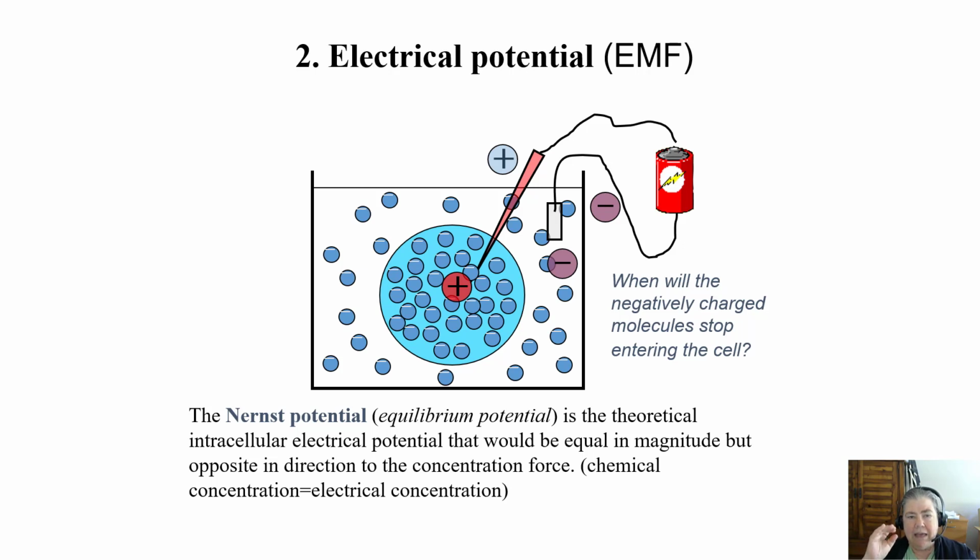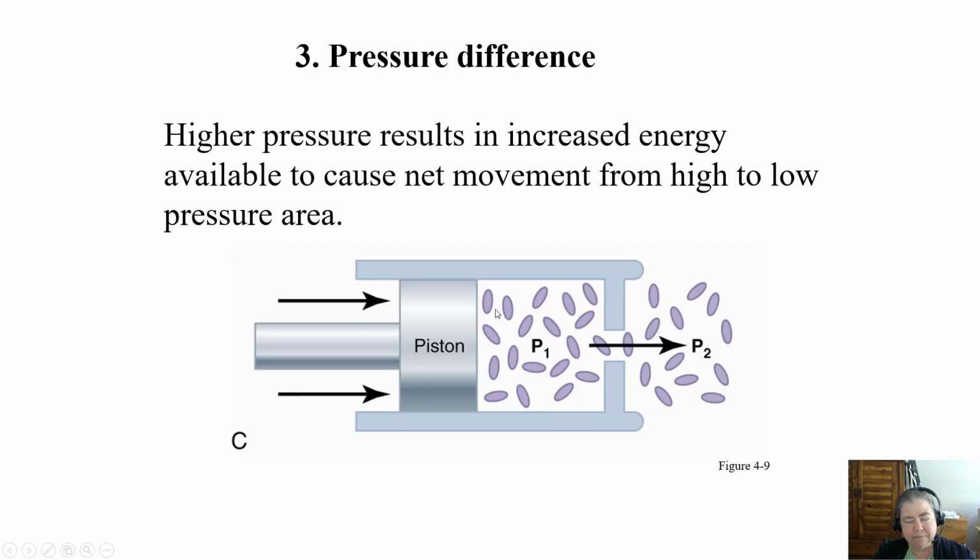So the chemical gradient and the electrical gradient end up being in equilibrium. It's not continuous. You reach equilibrium between the electrical gradient and the chemical gradient. And we'll come back to that in a little while.